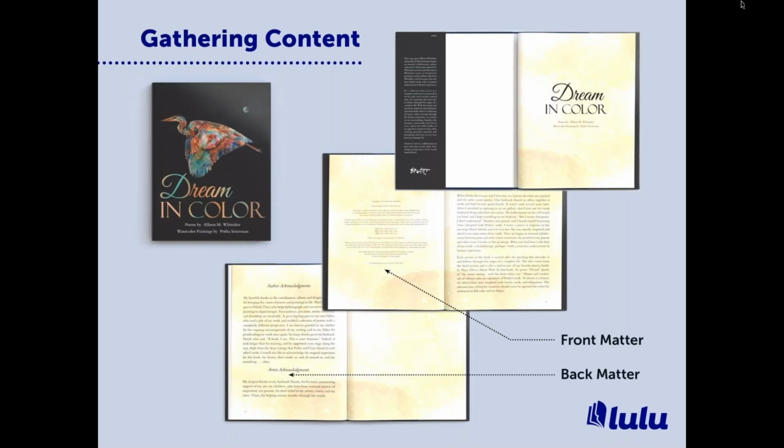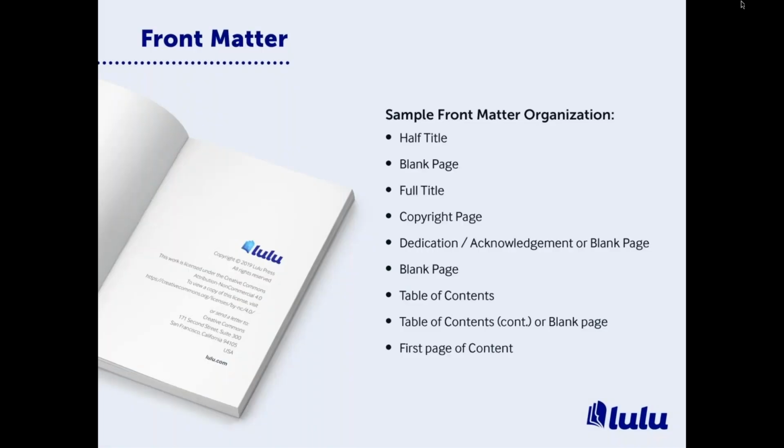And so for front matter, here's some suggested front matter that we have here. This is all kind of standard procedure. I trust all of you can read, but I'm going to go through it anyway. Your half title, blank page, your full title, copyright page, which is important, obviously, any dedications or acknowledgments that you want in the front, your blank pages, table of contents, and then the first page of the content.